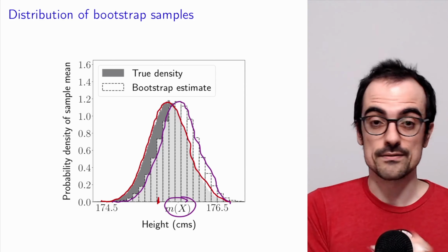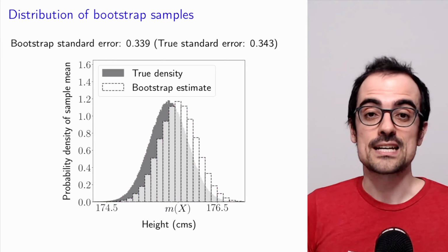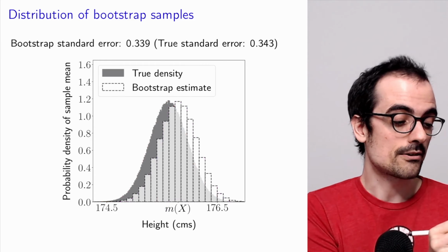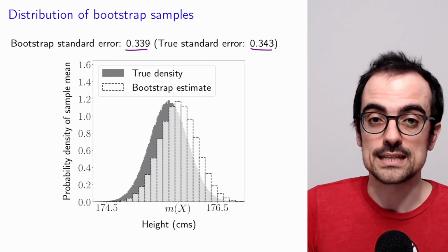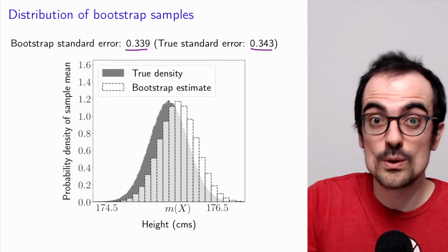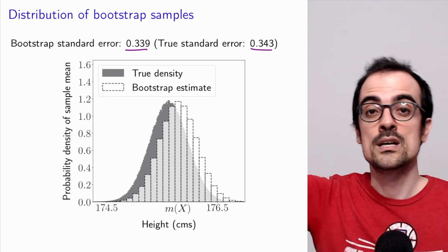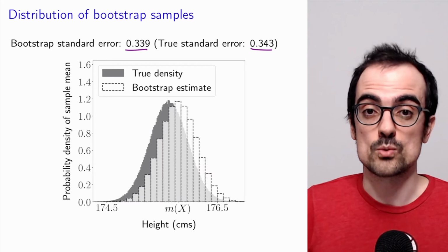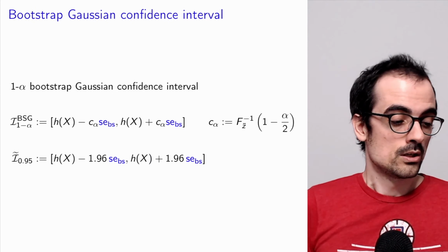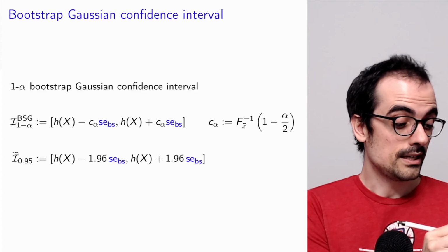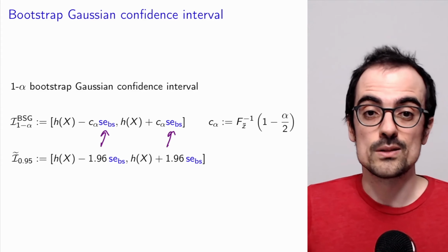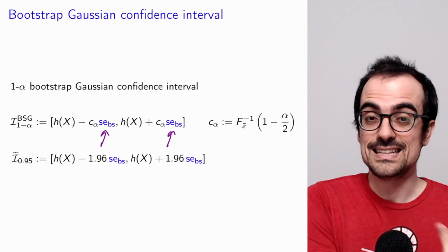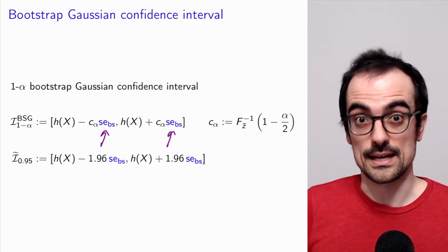So there is this shift. But the standard deviation is actually quite close. This bootstrap standard error is a pretty good estimate of the true standard error of the sample mean for that n, and it doesn't require knowing this formula that it scales with the population standard deviation divided by square root of n. So this means that you can just plug it into a confidence interval and obtain a confidence interval for your estimator of interest, in this case, the sample mean.